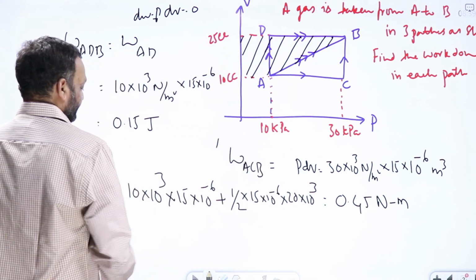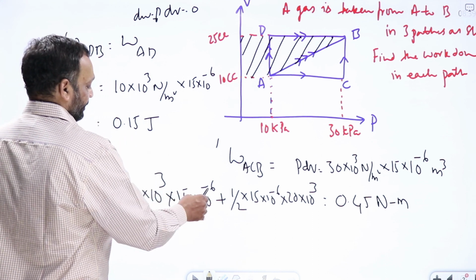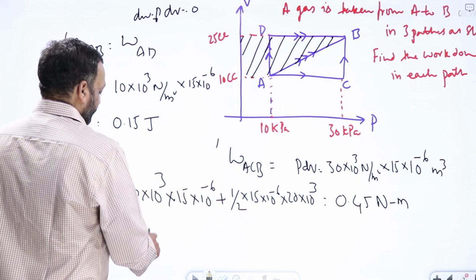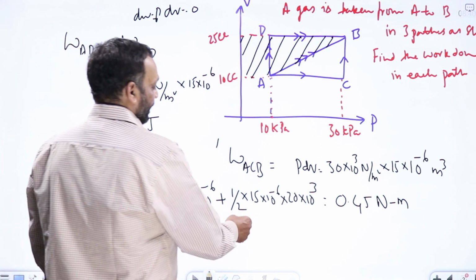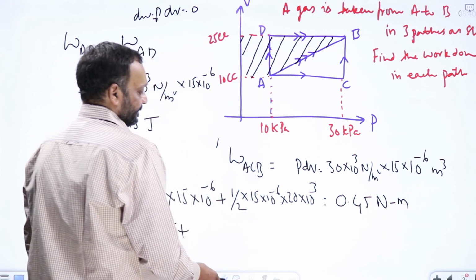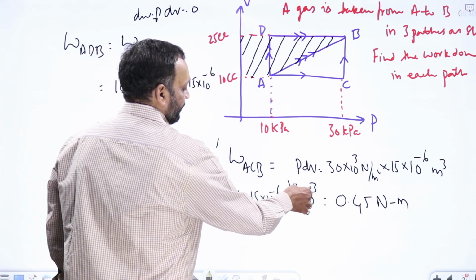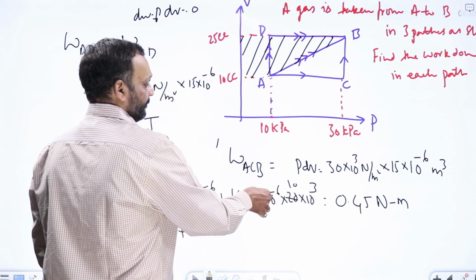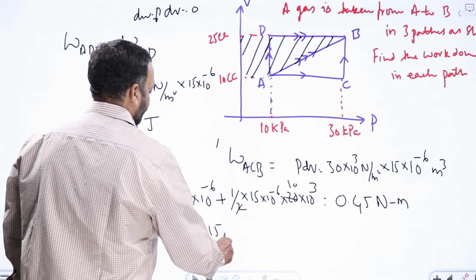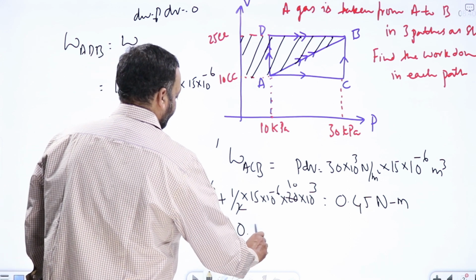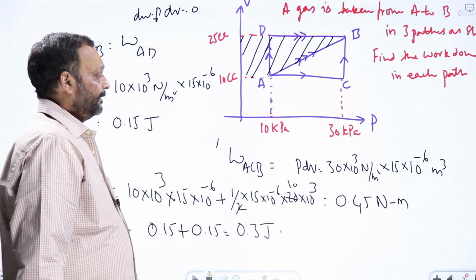Simplify this. 10 to the power 4 into 10 to the power minus 6 is 10 to the power minus 2, into 0.1 into 15 is 0.15, plus half base into height, again 0.15. 0.15 plus 0.15 equal to 0.3 joules.